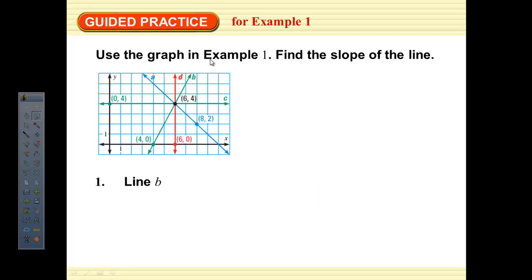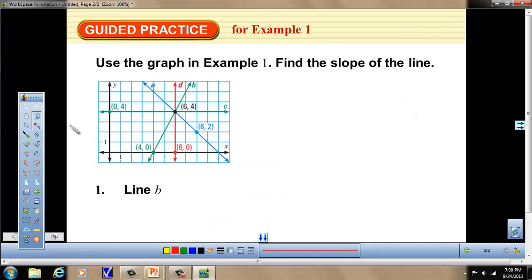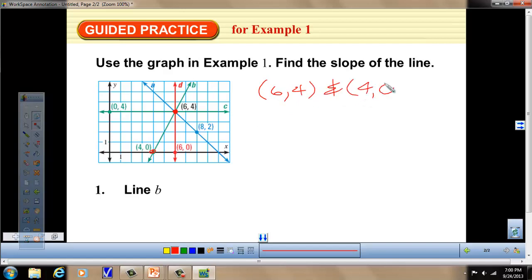For the second one, we're going to use the same picture and find the slope of B. The 2 points we're dealing with here for B, let's see, we've still got 6, 4, and now we've got 4, 0. So 6, 4 and 4, 0.